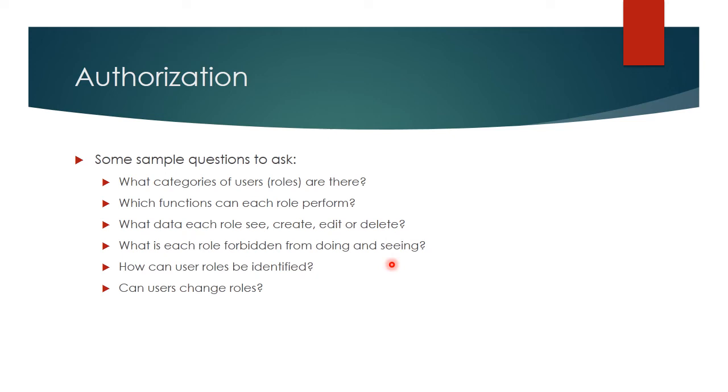So what are the areas that they are restricted from? How can you identify the user? Of course, ID, that will be an easy one. You can group users together into a group of users, and then give certain privileges to that group.